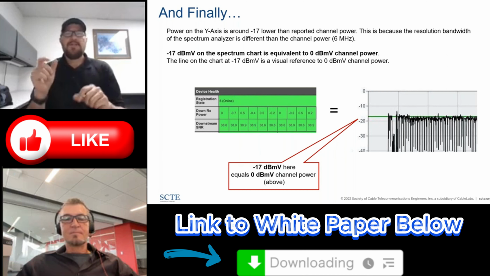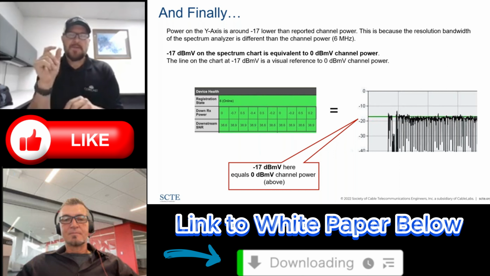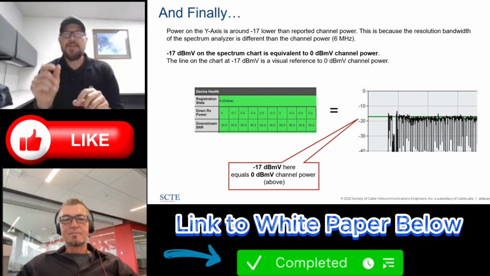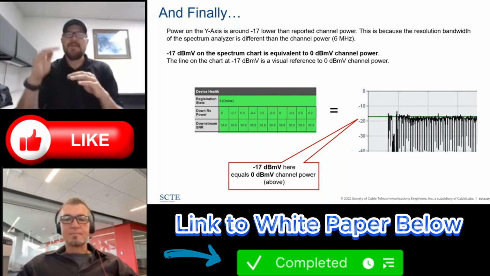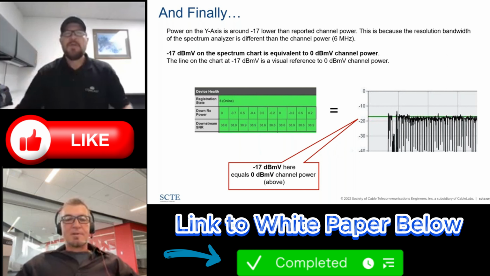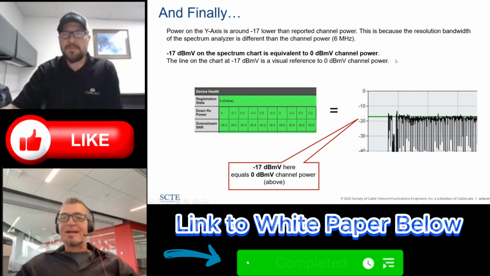But depending on the device and your software and what bandwidth of energy you're measuring, the resolution bandwidth measurement is important, there is a correction factor. So in this instance, I think we're using, what, 117 kilohertz resolution bandwidth or something in that neighborhood?